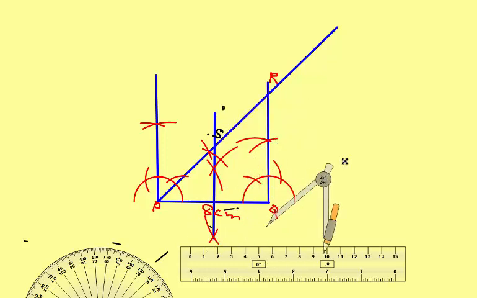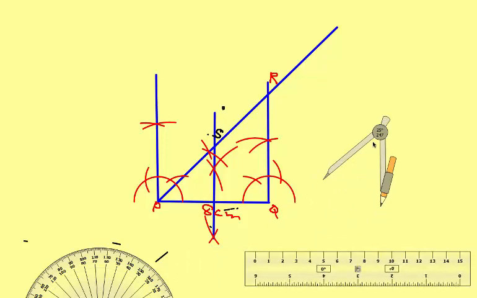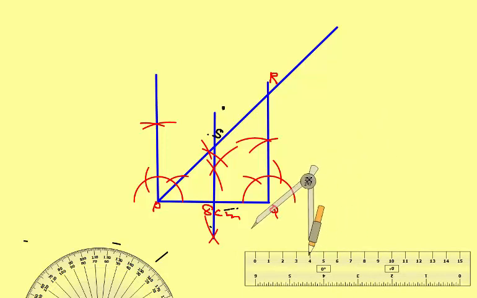So let's go back to our ruler to measure 3 centimeters. So a radius of 3 centimeters.